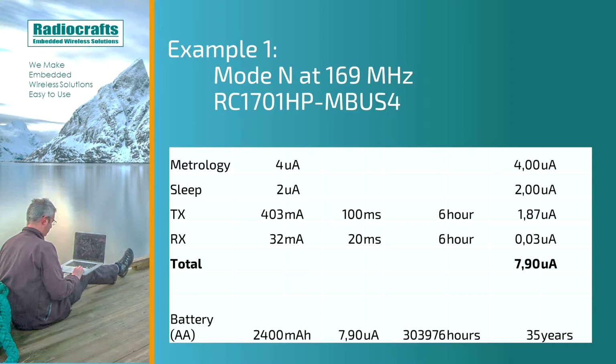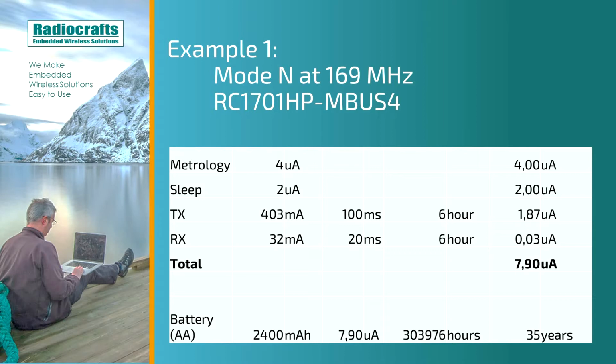Then we are listening for 20 milliseconds after each transmission. During reception we have 32 milliamps current consumption, and again this happens every 6 hours, and this gives us a very small contribution. In total we are at 7.9 microamps.